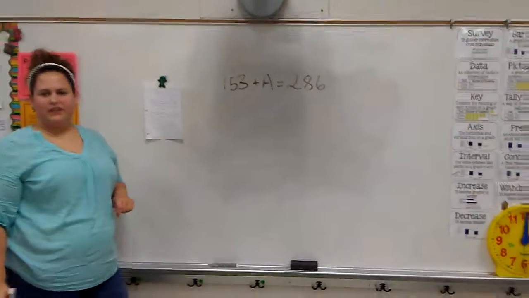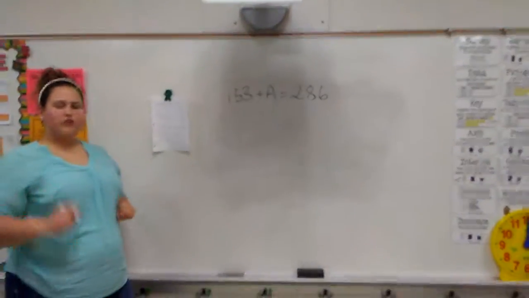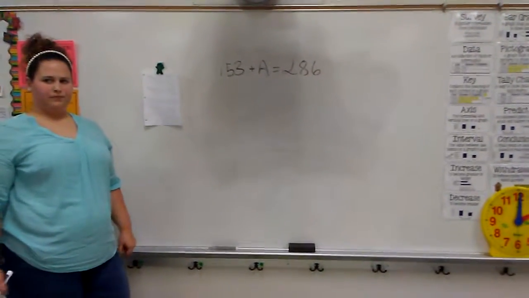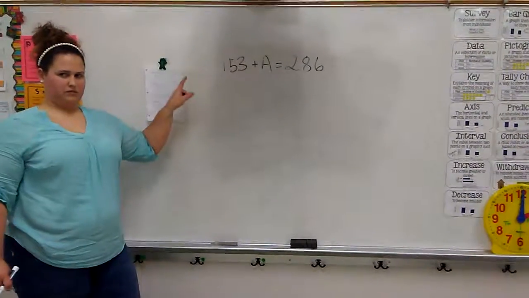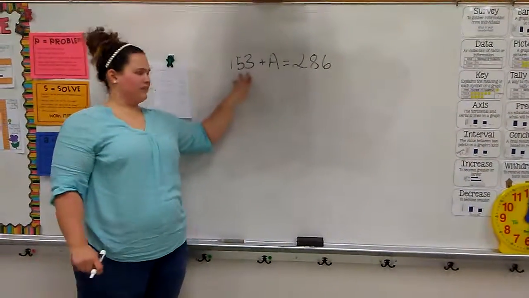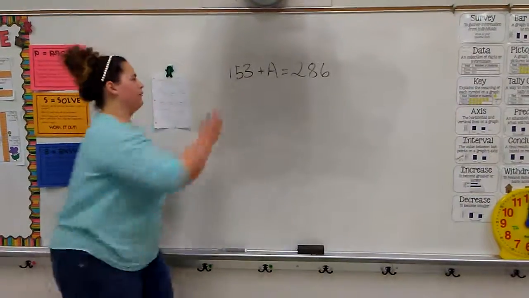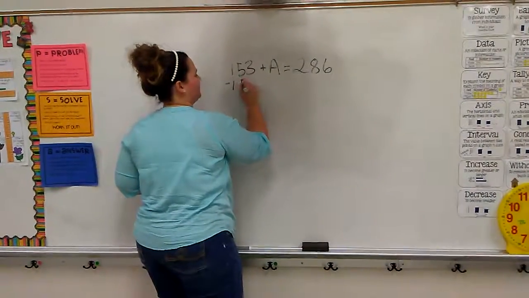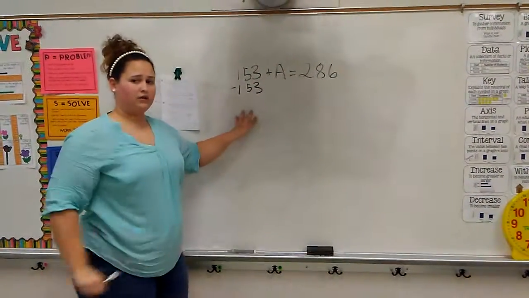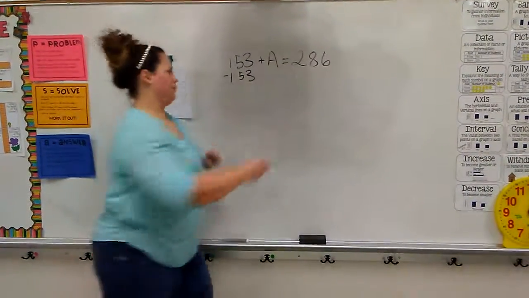Now, let's see, Bailey, what is the first thing I need to do? Minus which number? The 286 or the 153? That's right, 153. Subtract 153 on just one side or both sides? Yes, both sides. Good job.